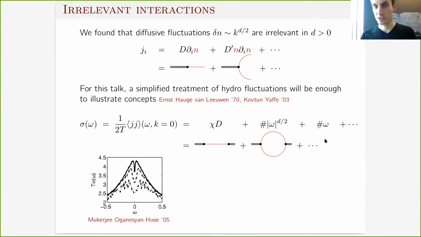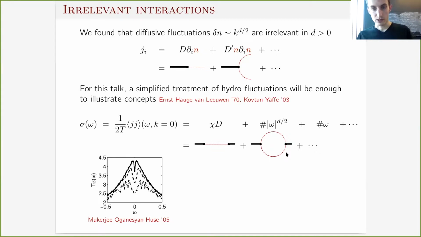There are also in general corrections coming from higher derivative terms. These are always analytic. The non-analyticities come from loops. So even though this correction is smaller than the leading term, it's still interesting. One reason is that it's the leading non-analytic term.